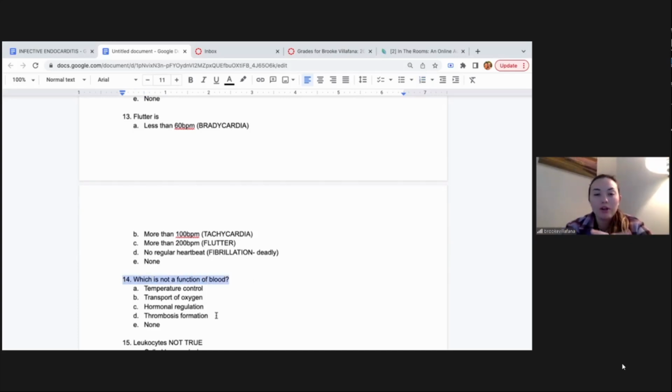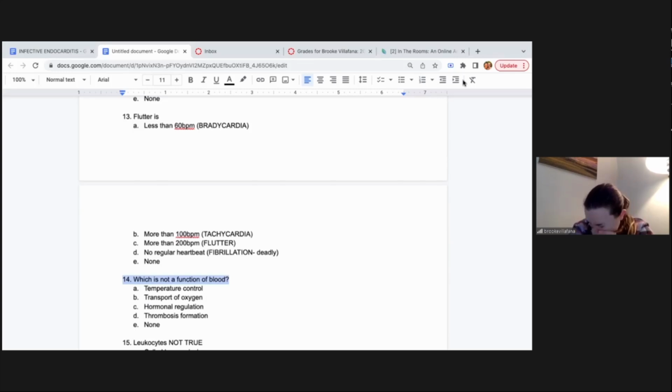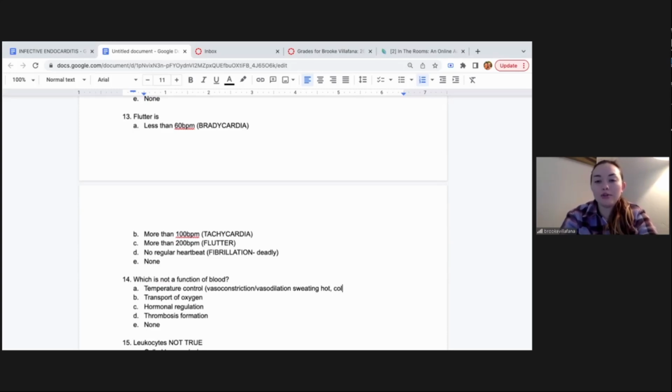All right, so which of these is not a function of blood? Okay, so remember that our blood does help with temperature control through vasoconstriction and vasodilation when you are sweating if it's hot, and then also if it's cold, diverting that blood.